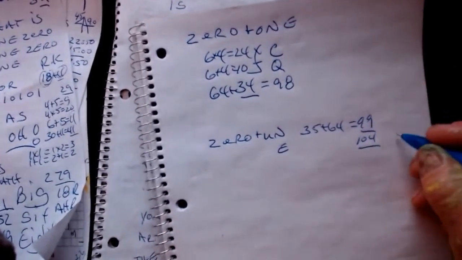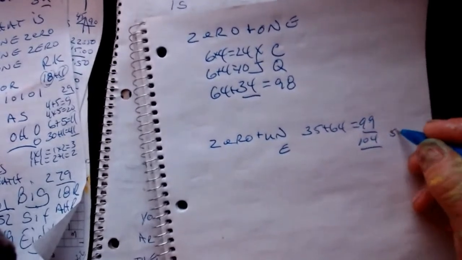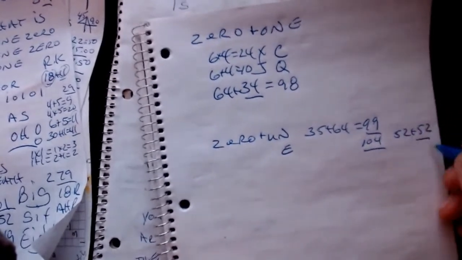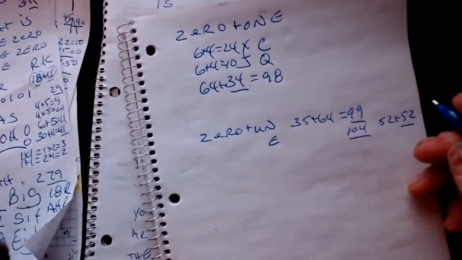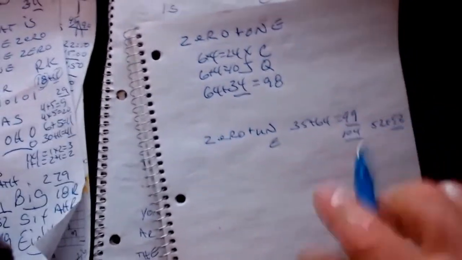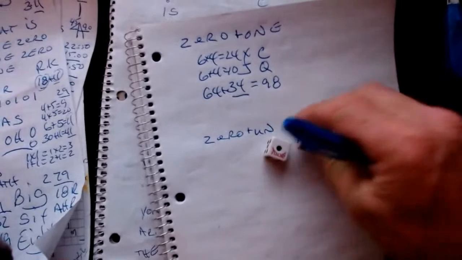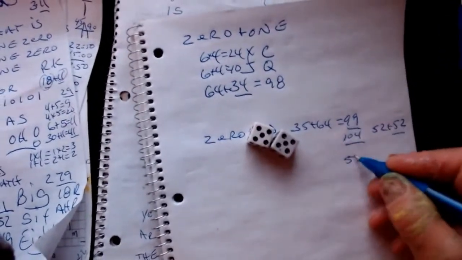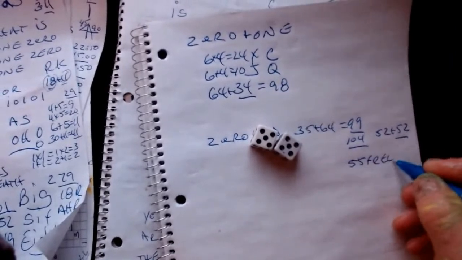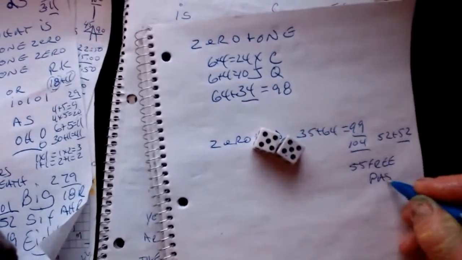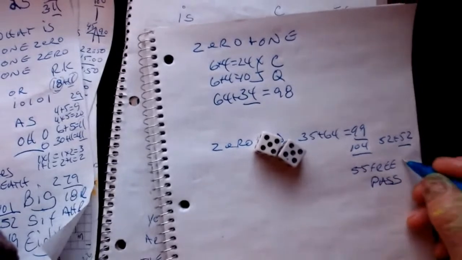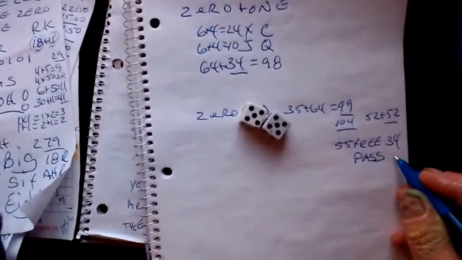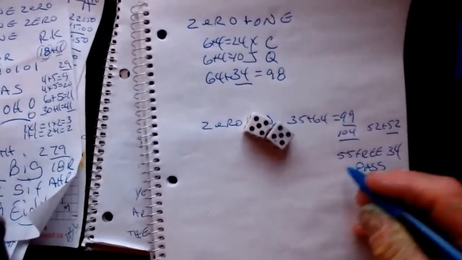If you want to do the math about it, we can go 52 cards and 52 cards. We can go 10-4 communication. We can say the inverted dice to 10 is 55. DC is that pass.